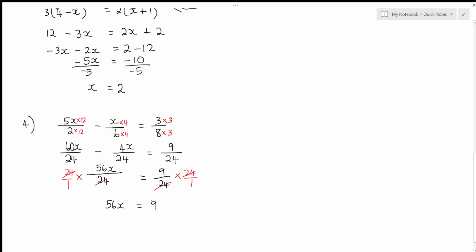Now we have 56 on the left-hand side, so we basically need to divide the left-hand side by 56 and divide the right-hand side by 56. So your answer is going to be x equal to 9 over 56.